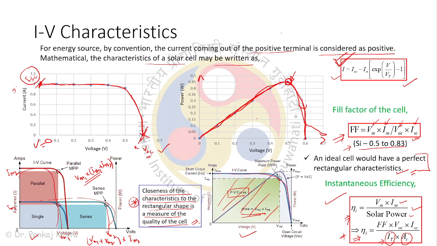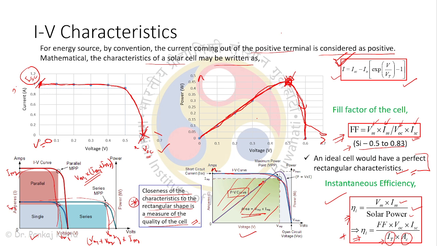And this point is known as the maximum power point, that has very important significance in solar PV cells, that we'll see later. So if you plot both the IV and PV in a single plot, then we get this plot. Okay, this is your IV curve and this is your PV curve.